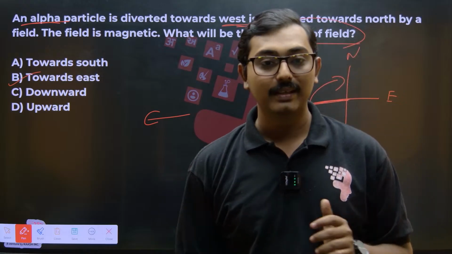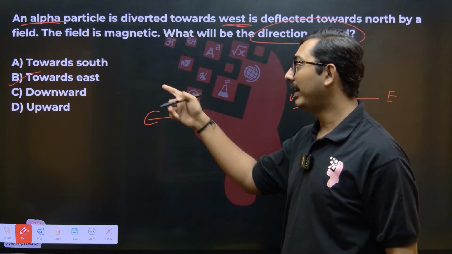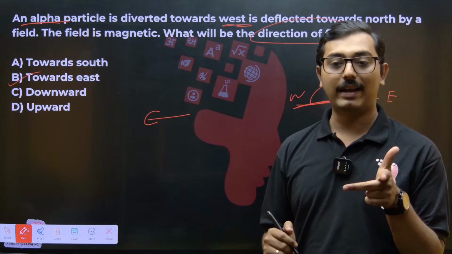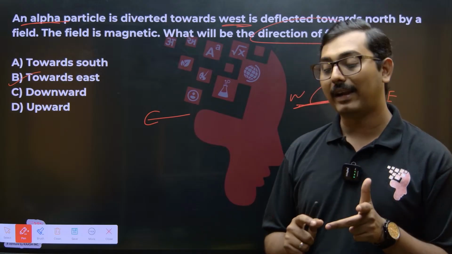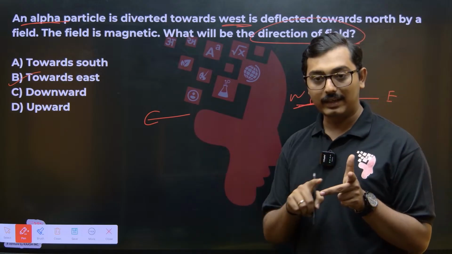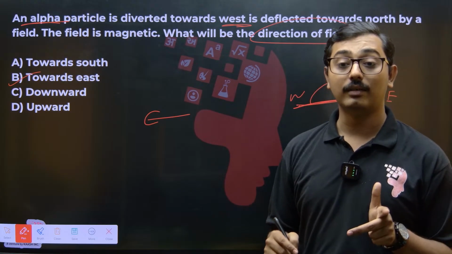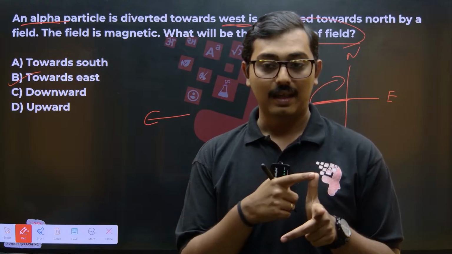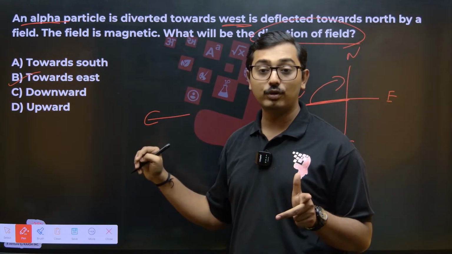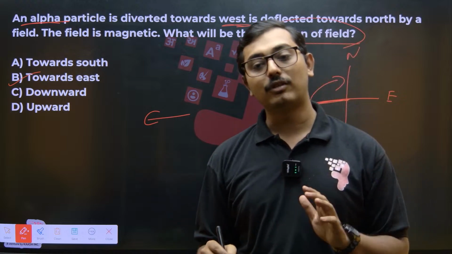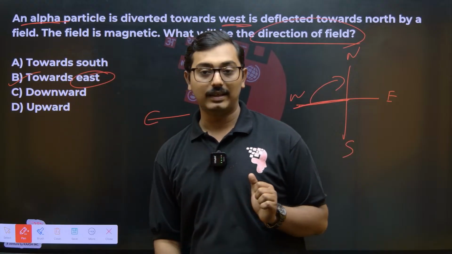With Fleming's left hand rule, as the flow of current is in this direction and the motion is in the upward direction, the field is coming outside the board. As there is no option for outside the board, you will consider the east, west, north, south directions. In it, it is the east direction.